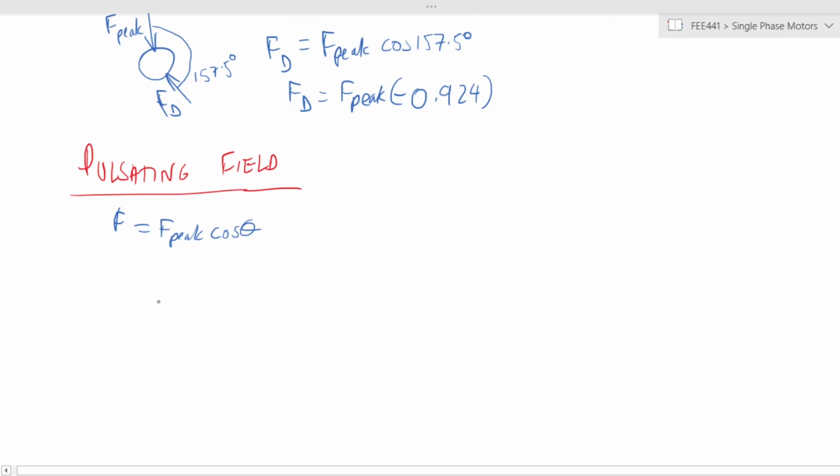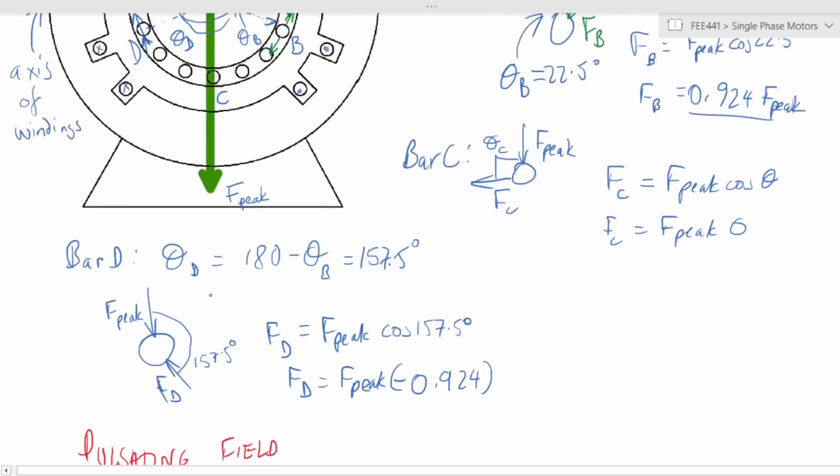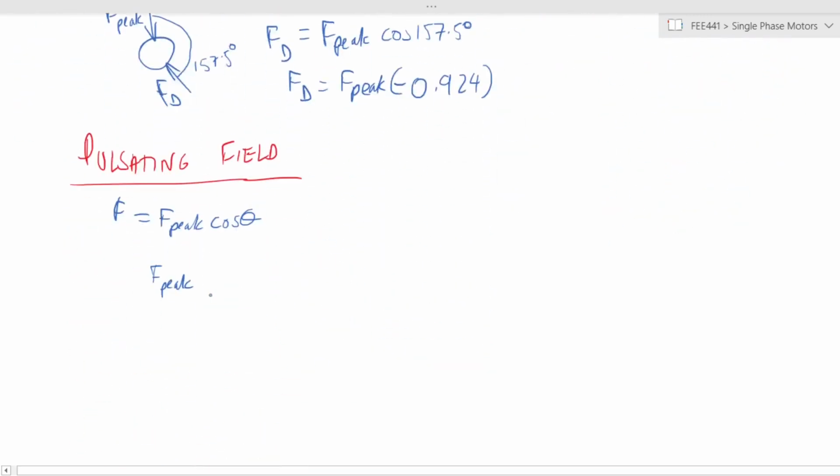Okay. Now, this is for any given instant. So bear in mind that the field itself or the voltage changes with time. So F peak itself, the value of this force changes with time, and this is also sinusoidal. So it is changing from a maximum value in relationship to the cosine of the angular motion, the cosine of the voltage itself.